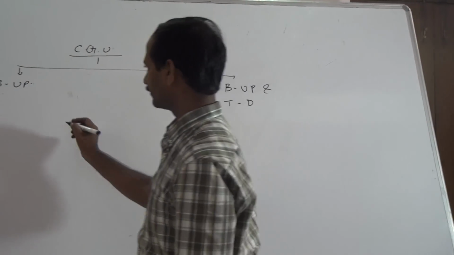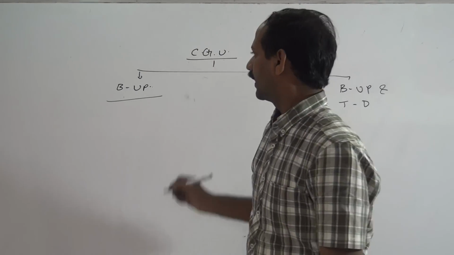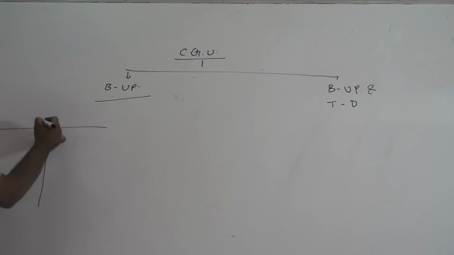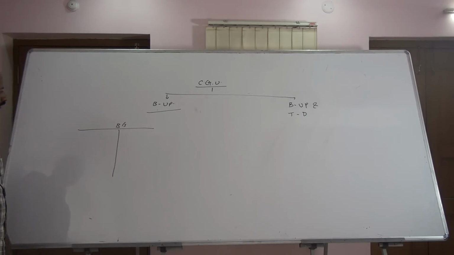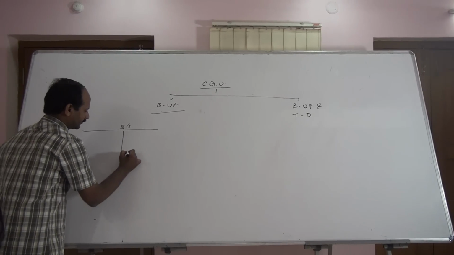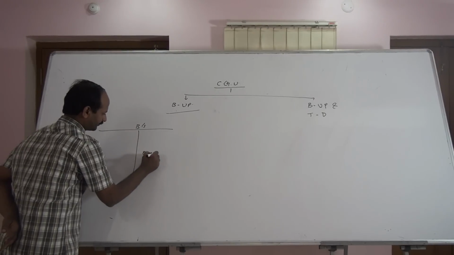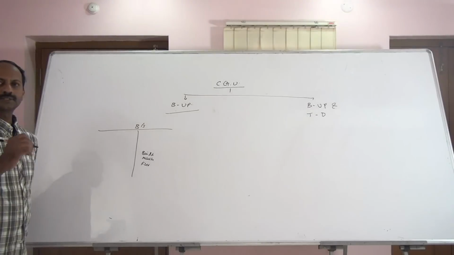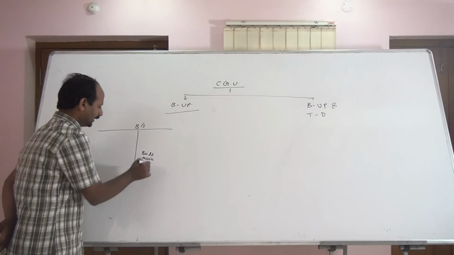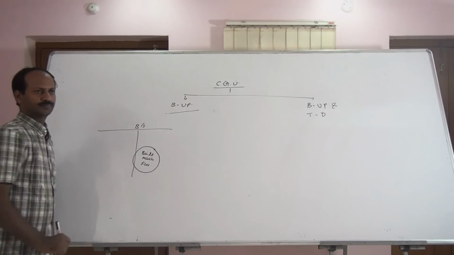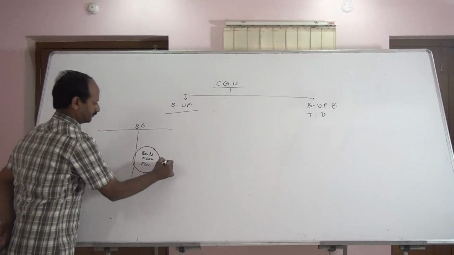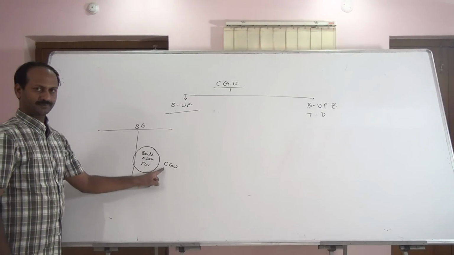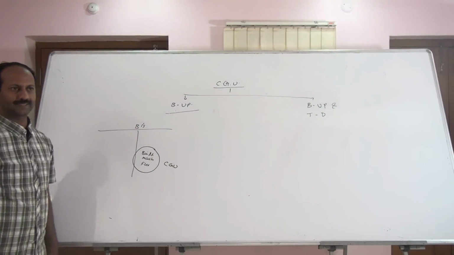If our organization's balance sheet has building, machinery, furniture, and some other assets, these three are a CGU, meaning they can generate cash in combination.